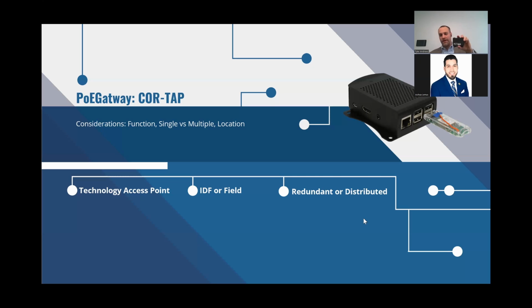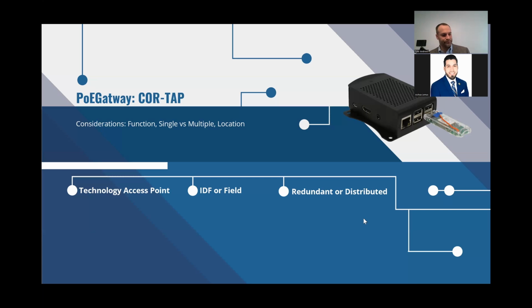I can have one hot swappable, so you can have one running duty and the other on standby. If one of these ever dies, you push a button and it flips over and you're running on the other one. You can also have a distributed network within the same network, where this is, for example, floor 1, and I have a separate one for floor 2 and a separate one for floor 3. So the gateway or the core tap is the brains of the operation.